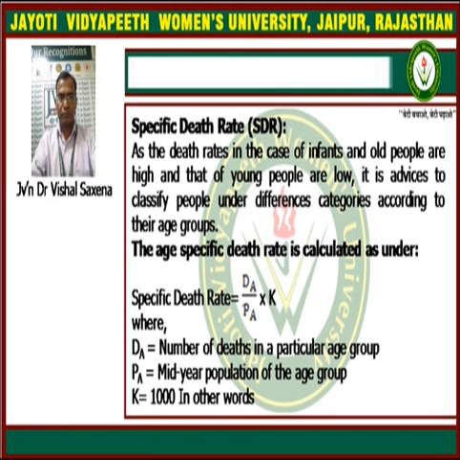By this we can find the death rates for a particular age group, which will be a very useful concept to find the death rates for a particular area, region, or a country, for the calculation of deaths in a particular year.